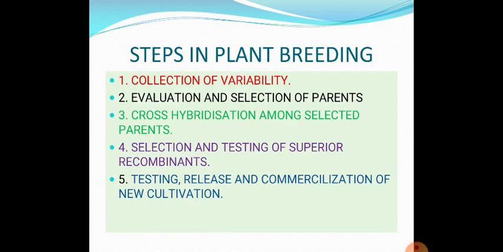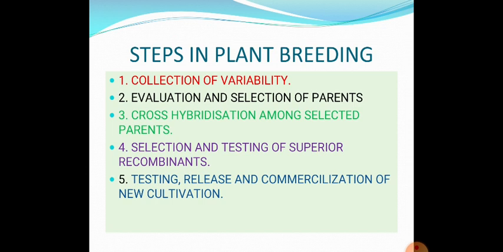To achieve this, we must follow the steps of plant breeding. So what are the steps which we follow for plant breeding? First, we have to collect the variability, that is, collection of variability is the first step. Then we have to evaluate and select parents.